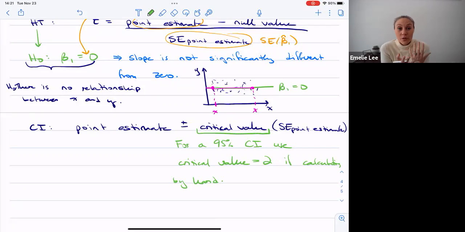If you're using software, they're going to use the appropriate t-star with the appropriate degrees of freedom, and that's great. But if you have to get rough approximations, 2 is just fine.